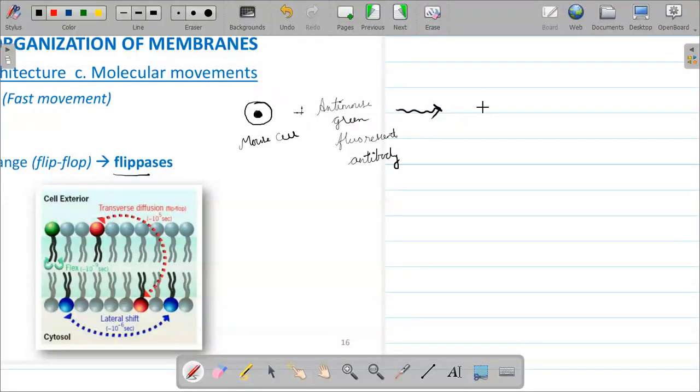When I add this biomarker to the cell, when I used fluorescent green and observed, the cell membrane was green in color. Only the cell membrane was green in color. Next, they took one human cell.